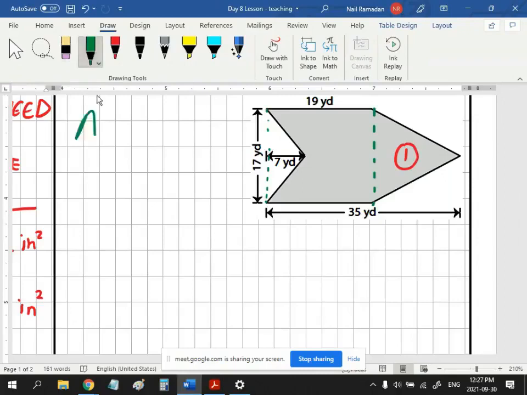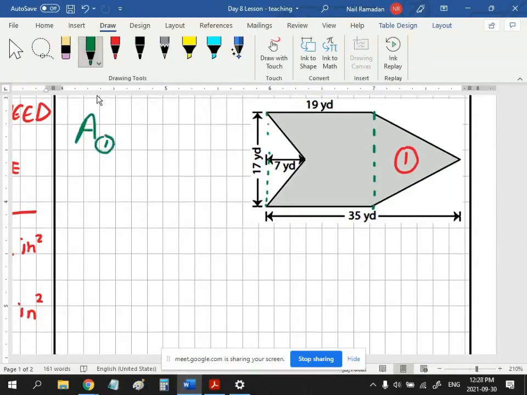Area 1. What shape is 1? What's the base of this triangle? How big is the base? 17 here, 17 here. How high is this triangle? How high is this distance? Who can tell us how long? From here to here is how much?